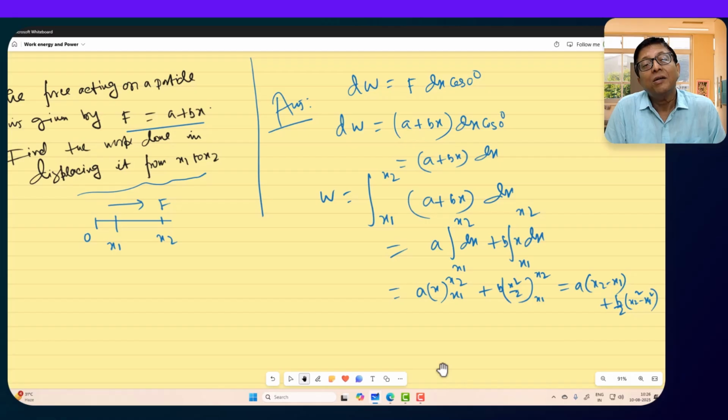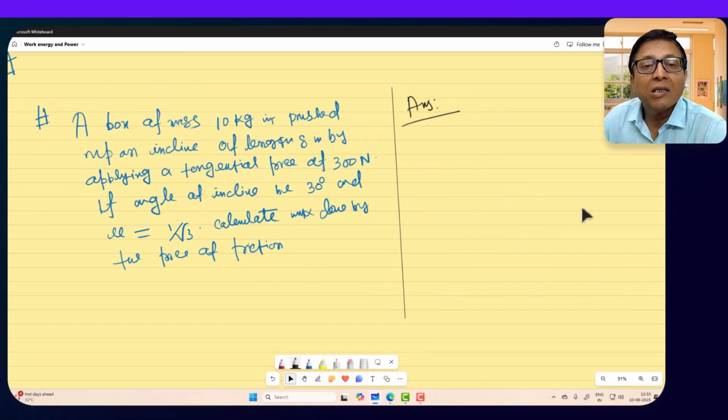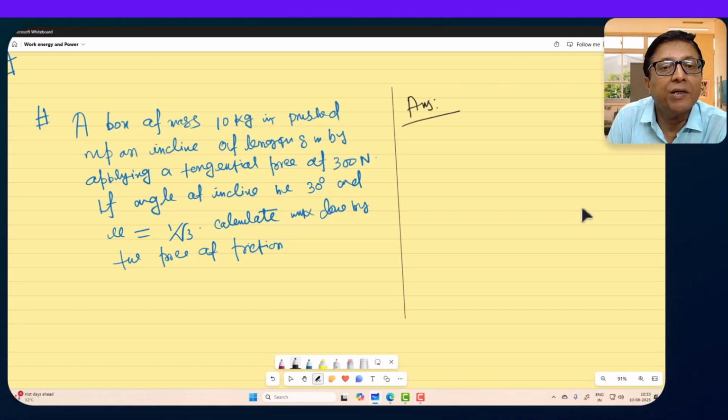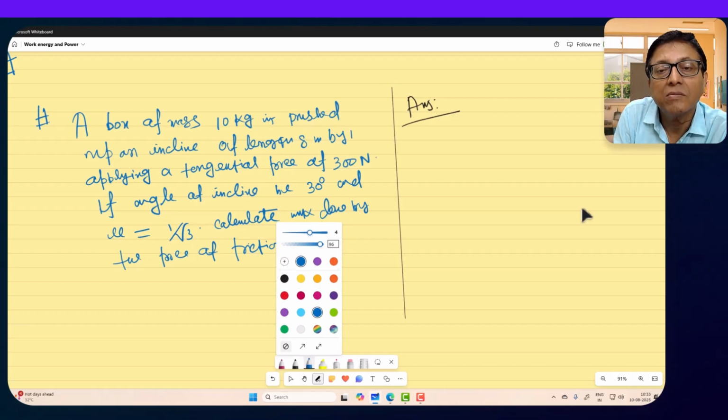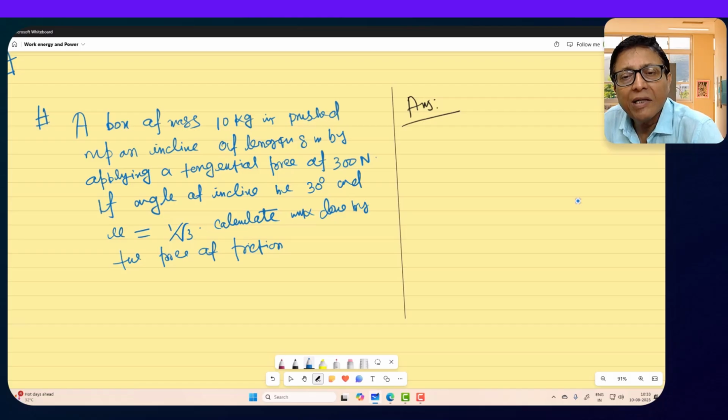Now in one problem I am going to include the concept of work done against friction or by the friction. Okay? A box of mass 10 kg is pushed up an incline of length 8 meter, applying a tangential force of 300 Newton.